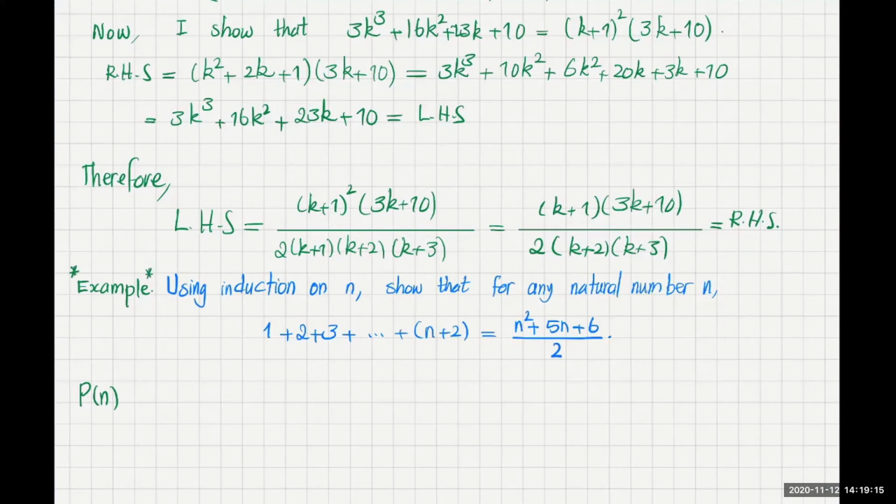Pn is this expression: 1 plus 2 plus 3 up to plus n plus 2 is equal to (n squared plus 5n plus 6) divided by 2. My point is that if you want to prove something, first of all, I have mentioned that show this is true. So indeed, this is true.